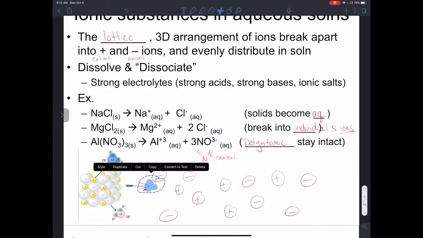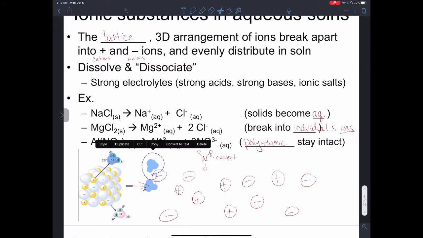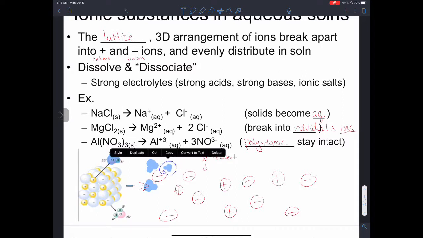And as many water molecules as can fit will surround this ion in the orientation based on their attraction, right? So the positive sides will reorient themselves and turn around, and the negative sides, right? The negative oxygen side will be attracted to this positive cation over here.